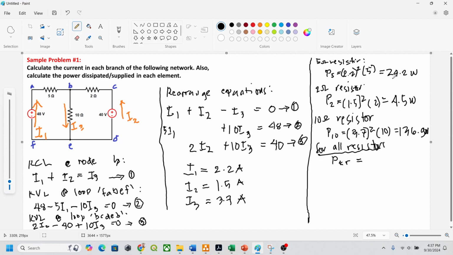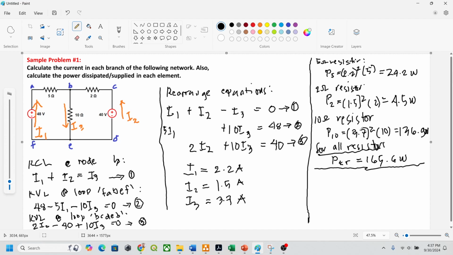If you add up 24.2, 4.5, and 136.9, that's 165.6 watts. So that's for the three passive elements of the network.